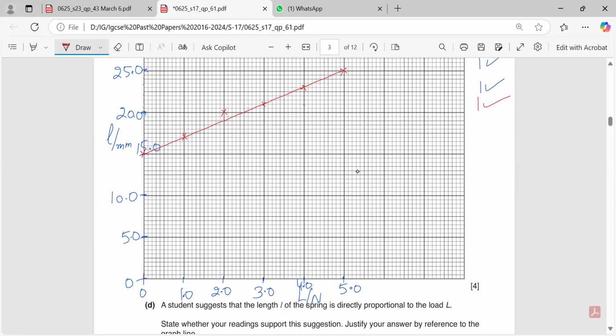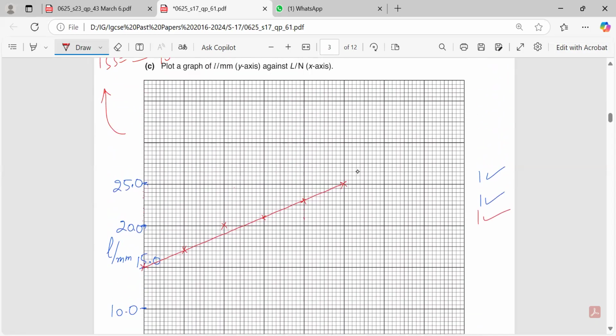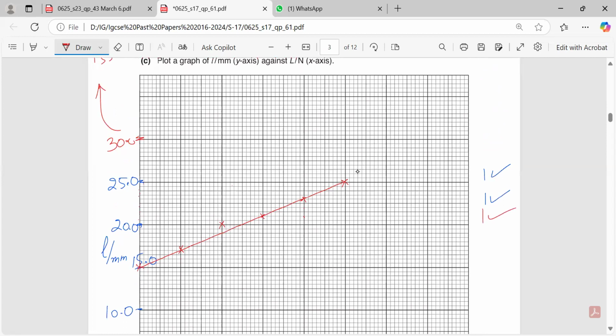That is here. So we can write here 30, and it means we need to stretch this graph further, so that we can get the numerical value of load there.